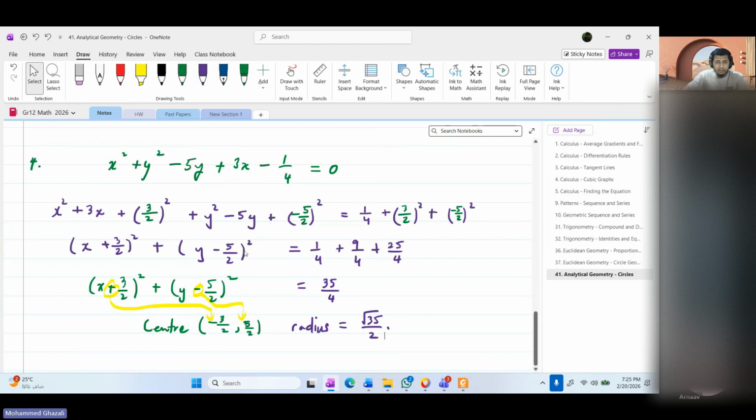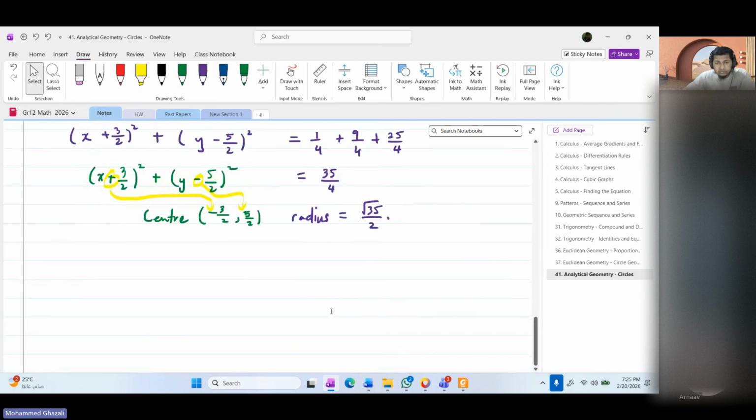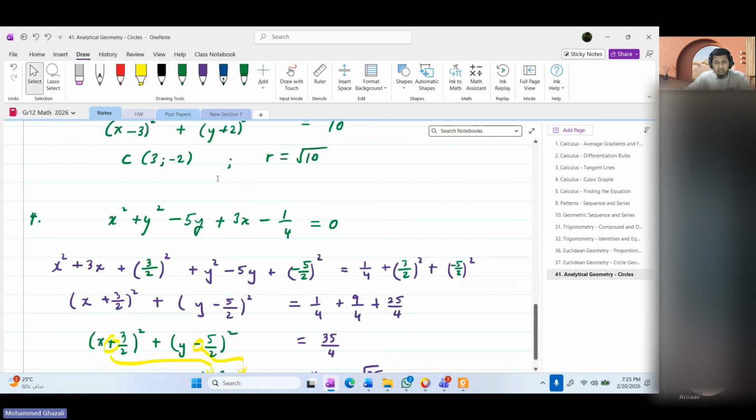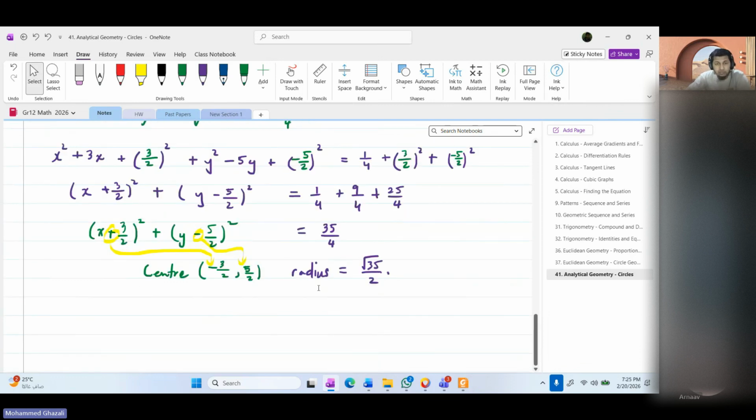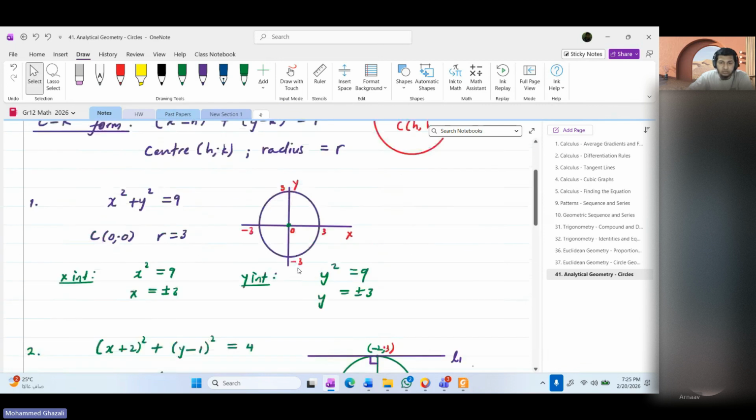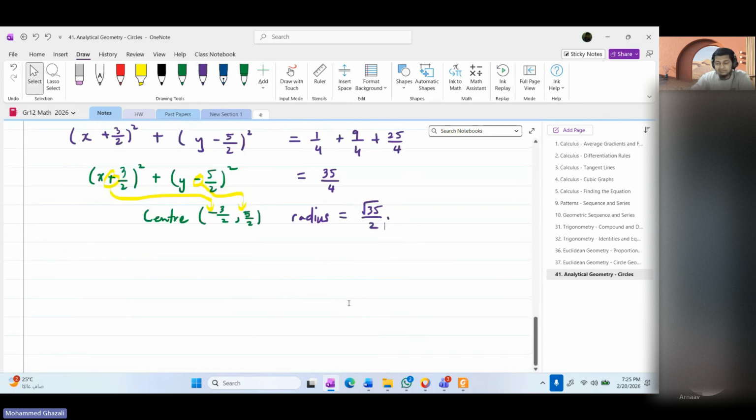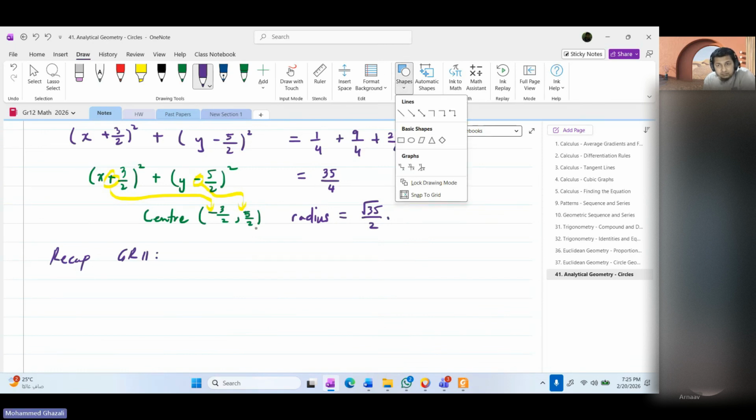Now, just a quick recap of grade 11 geometry, because remember this part will be mixed up with your analytical geometry, where you need to learn about the lines and stuff. So recap of grade 11 analytical.